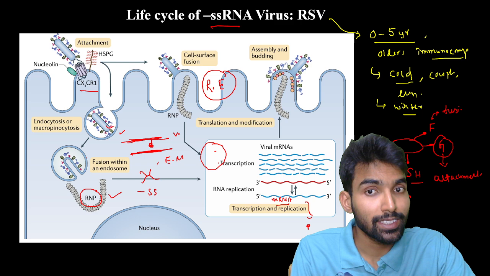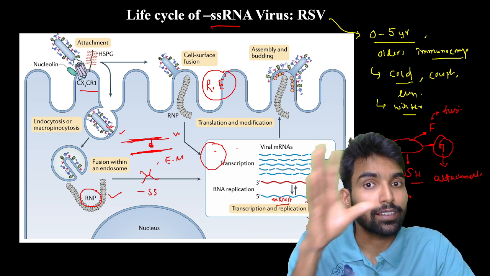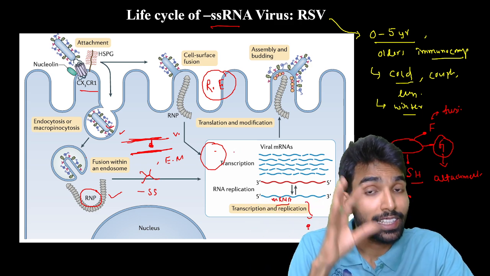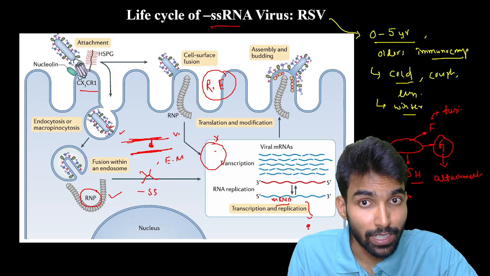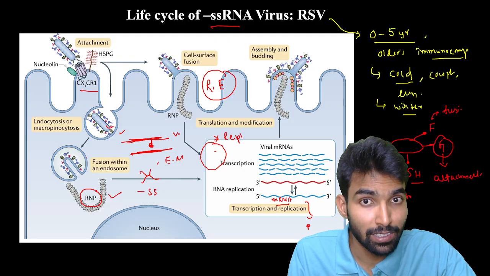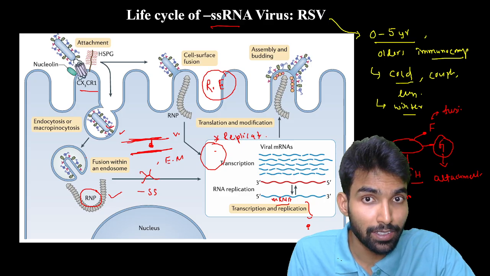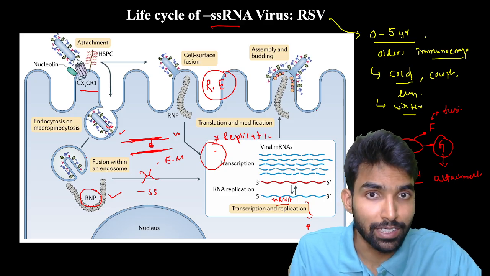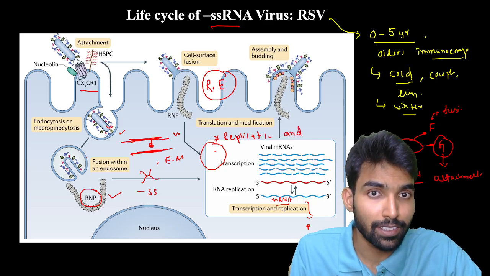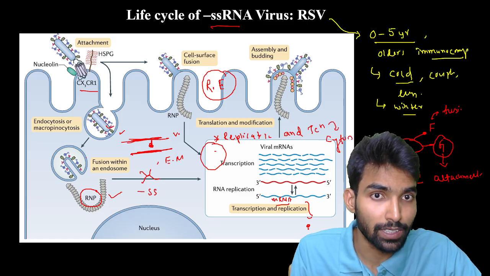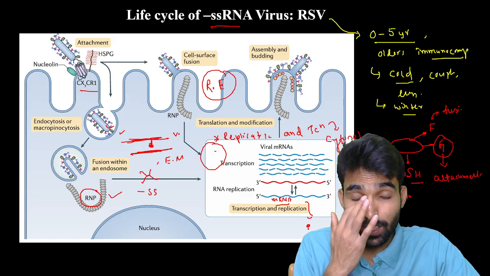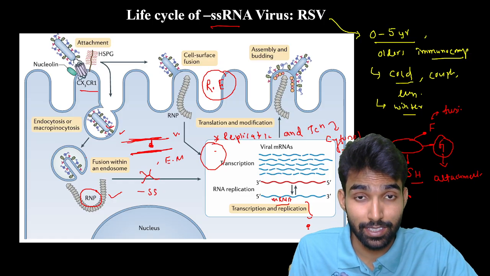Most of the time the replication happens in some kind of vesicular structure located in the cytosol. So you can note down that replication and transcription occur in the cytosol in most of the RNA viruses.